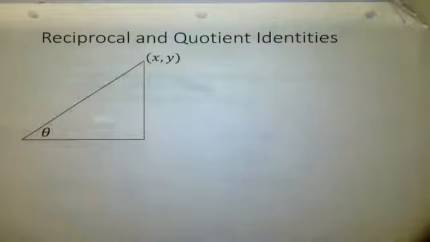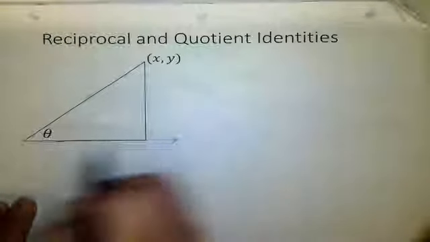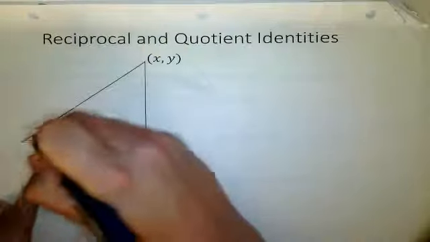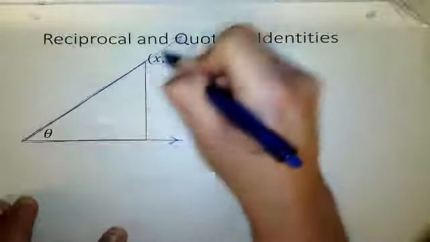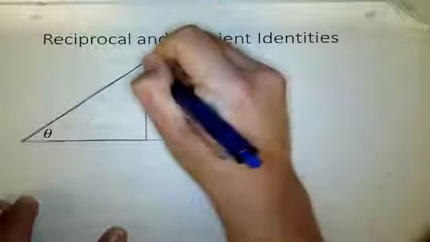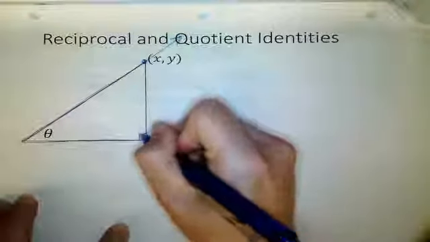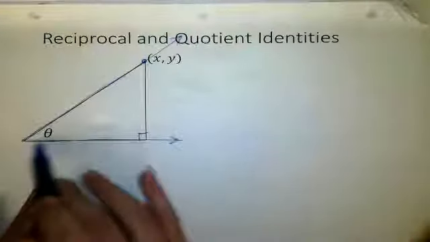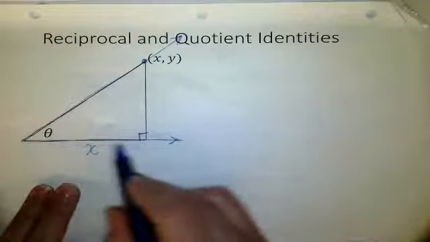All right, so I have an angle in standard position. So this is my initial side on the positive x-axis and my terminal side of my angle in standard position. And we've chosen a point on that terminal side and we have dropped an altitude, which creates this length along the bottom, which is x units.